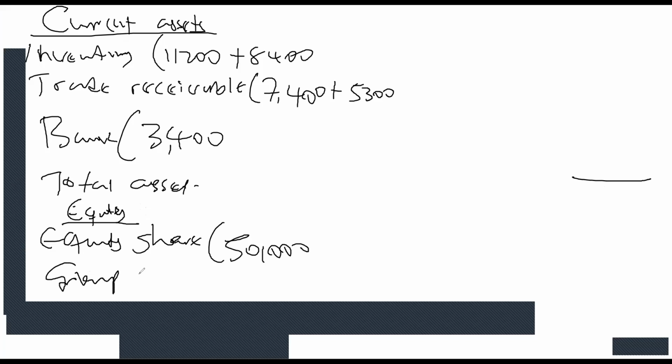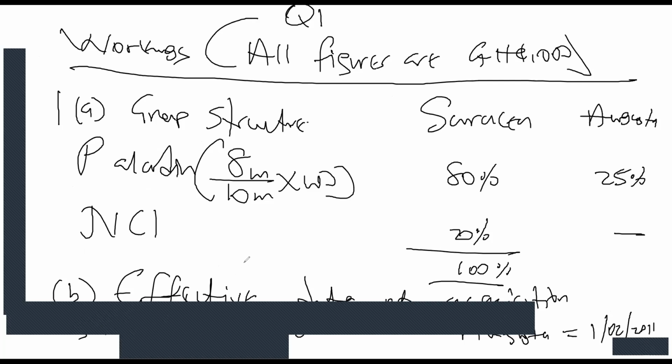Write your group retained earnings or group reserves. We'll do workings. After adding the two together, the answer that you get, you come and add NCI. Please, I hope you've copied the first workings you've done. I hope everybody has it.